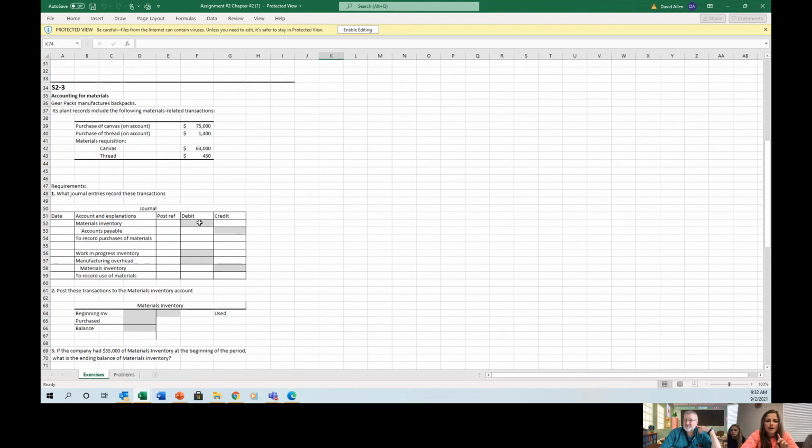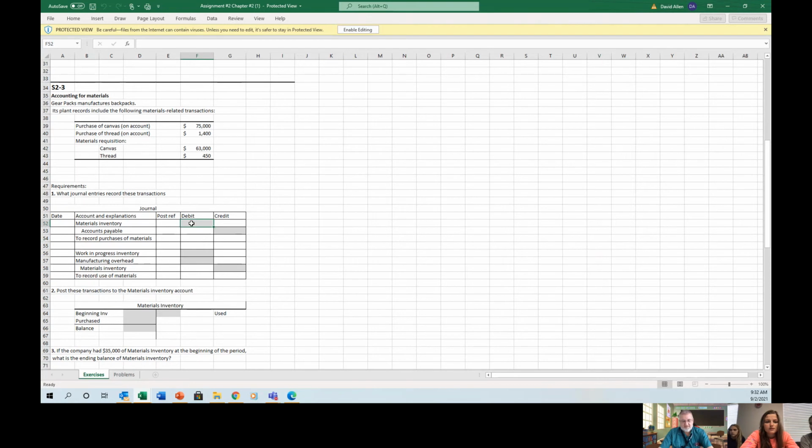Do we use the things from above? Yeah, it's the information right above it. Purchase on campus. It would be the 75,000 and the 1,400 added together.